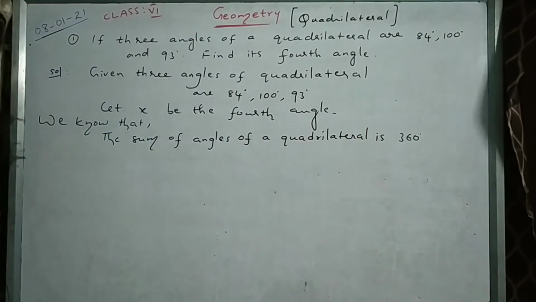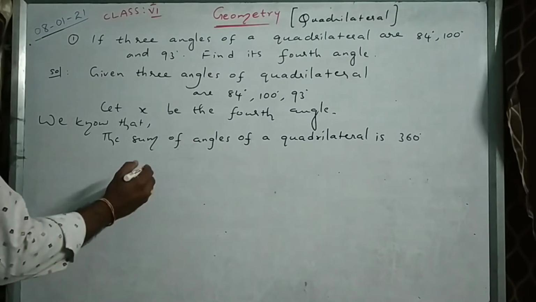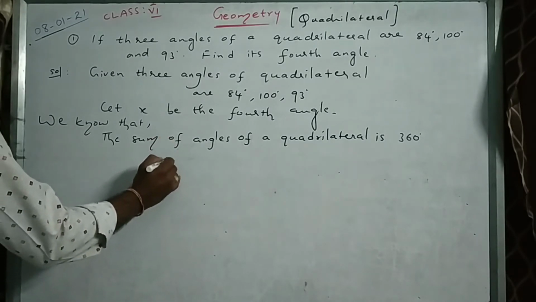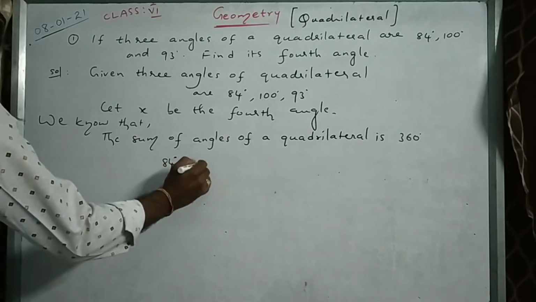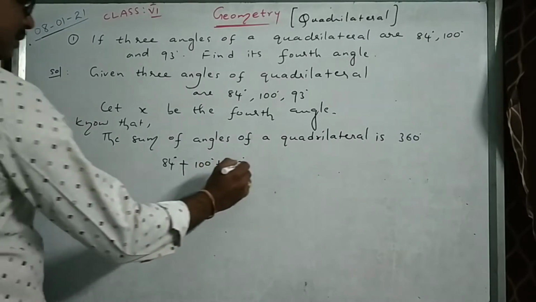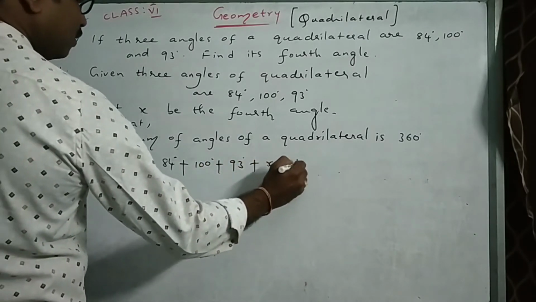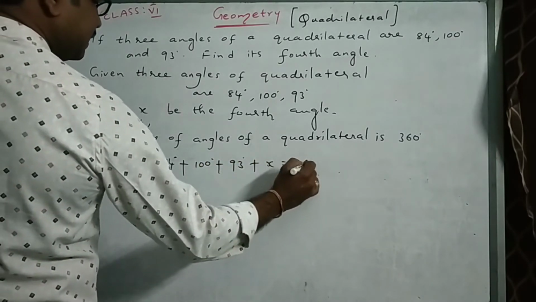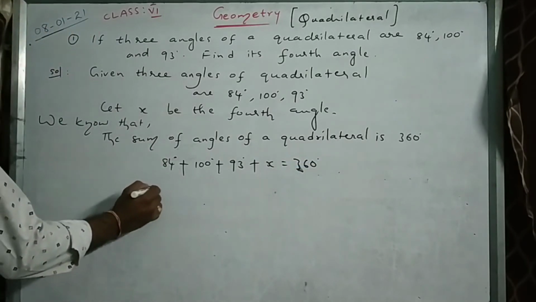Like a triangle, we have an angle sum property here also, that is 360 degrees. So I'll add all those: 84 plus 100 plus 93, the three given angles, plus the fourth, which I don't know, equal to 360 degrees.